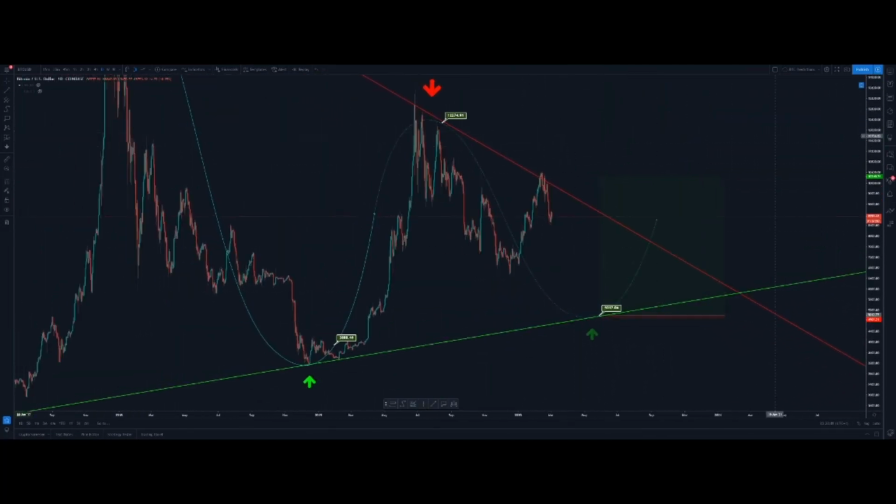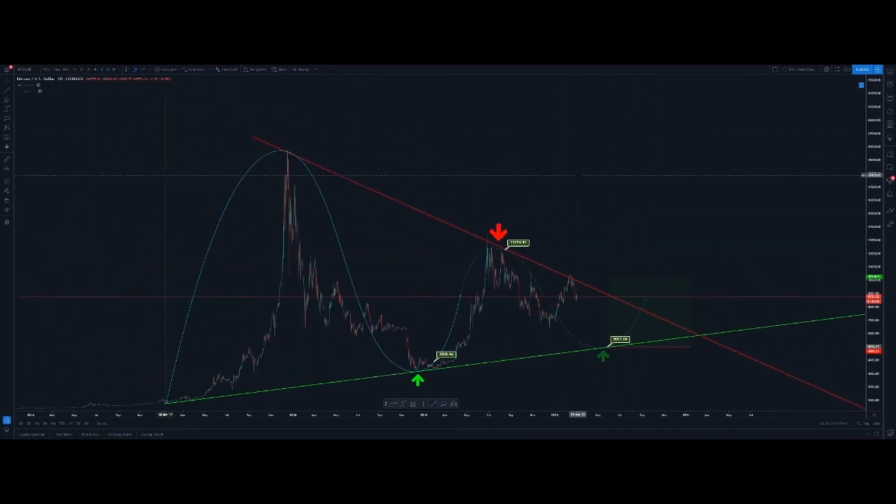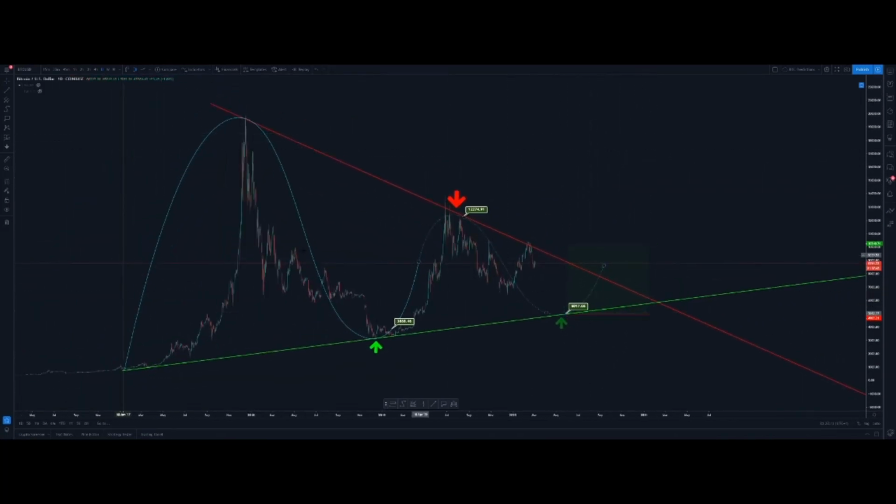Let's extrapolate a potential target for the breakout. Remember, start off where it enters, in this case, where it enters, and the top.